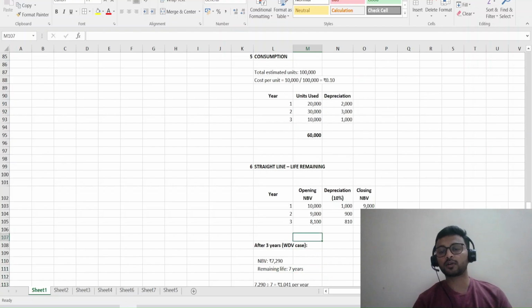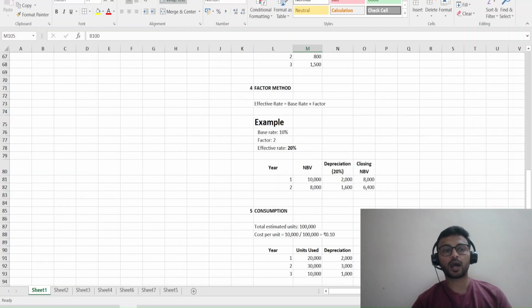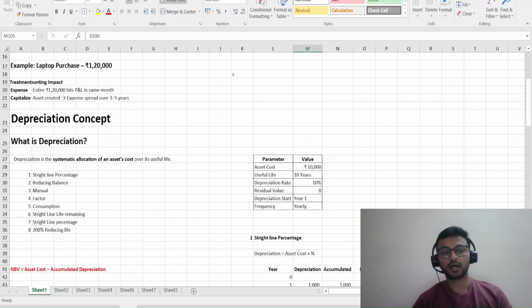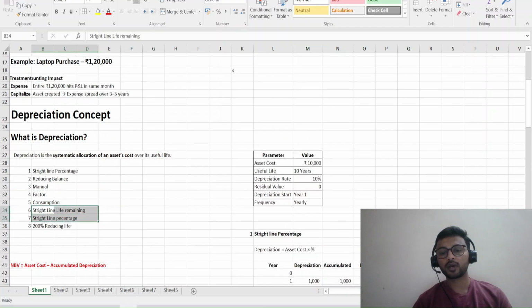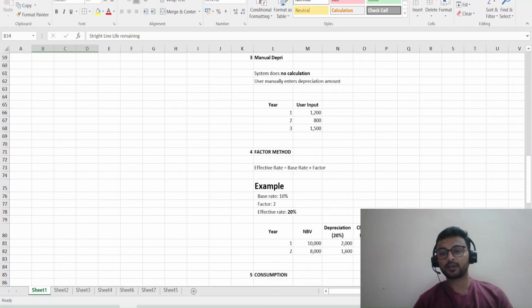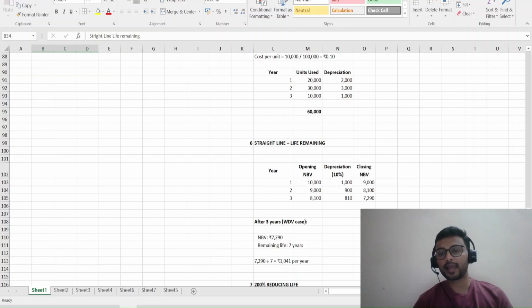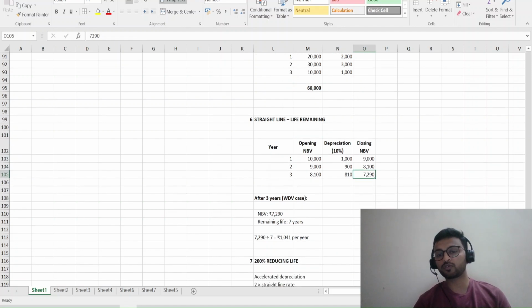Then we have the option of straight line remaining useful life. How will this work? Suppose after 3 years my NBV, or WDV, is 7,290, and my remaining useful life is 7 years.